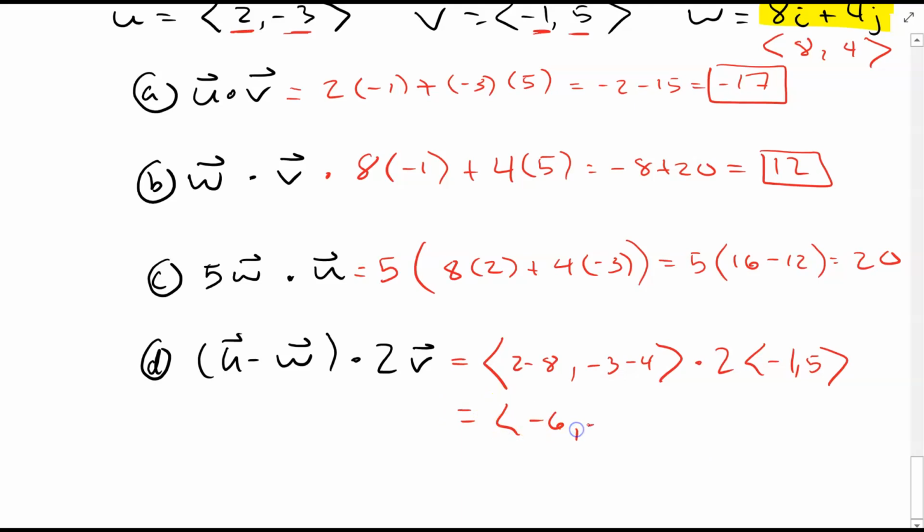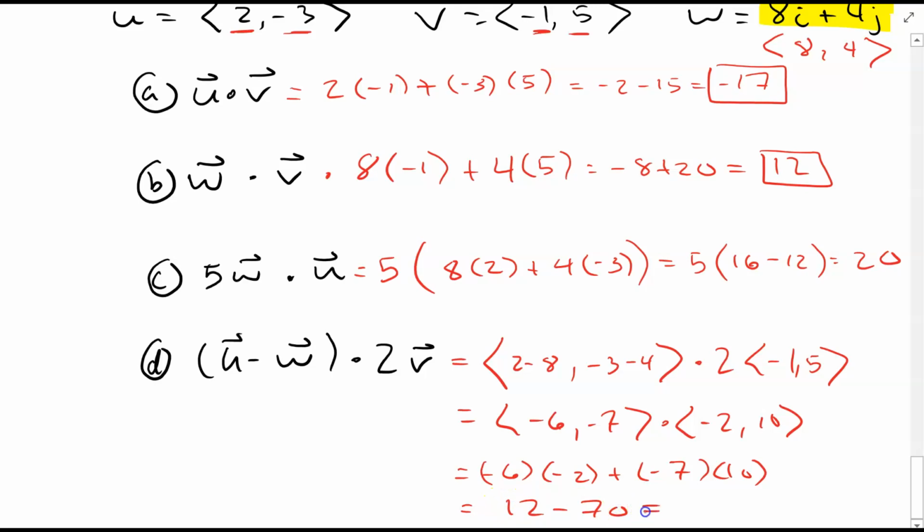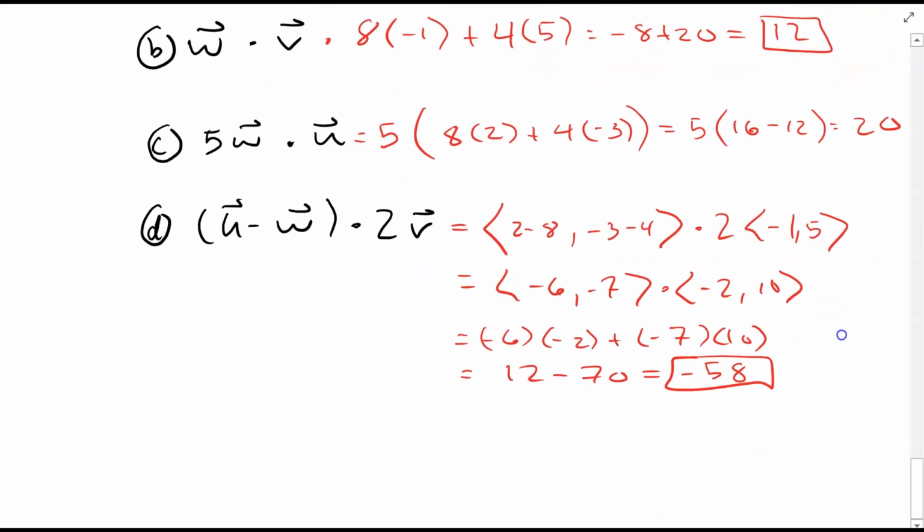It's going to be negative 6, negative 7, dot, negative 2, 10. Then to do the dot product, I just do negative 6 times negative 2 plus negative 7 times 10. So I get negative 58 at the end.